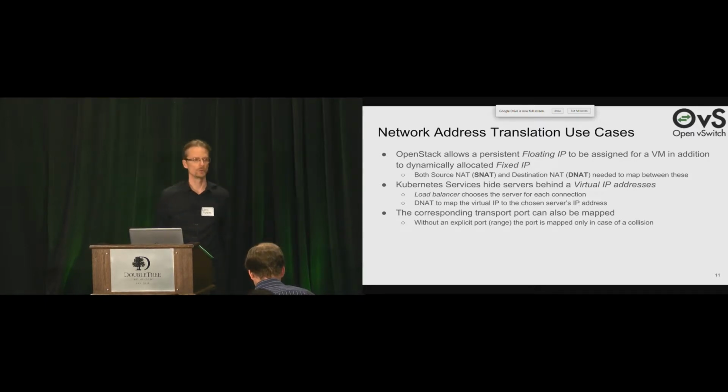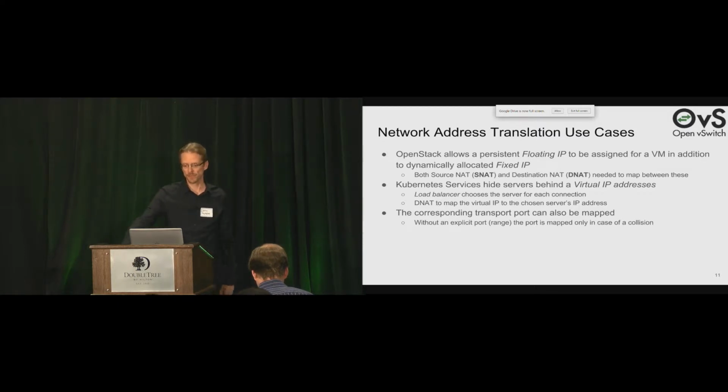Integrating NAT to OVS allows us to do the mapping between these two addresses. Similarly, maybe even in an agent node, or more interestingly, maybe distributed to the hypervisors themselves. So source NAT transforms the source address, and destination NAT transforms the destination address.